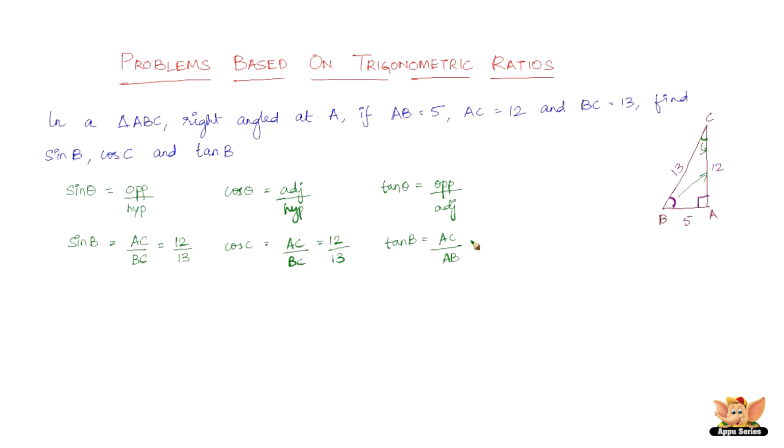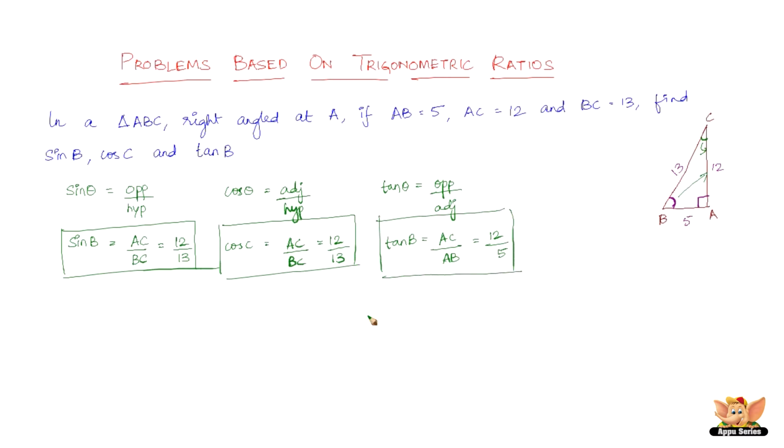So tangent of B is AC by AB, which is 12 by 5. So here we have sine B equals 12 by 13, cos C equals 12 by 13, tan B equals 12 by 5. This ends this problem, which is a very basic and simple problem.